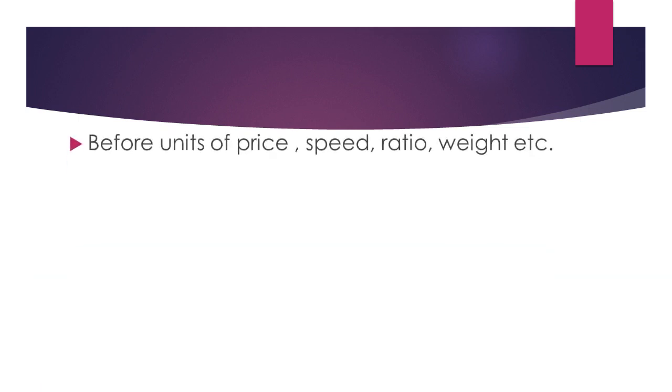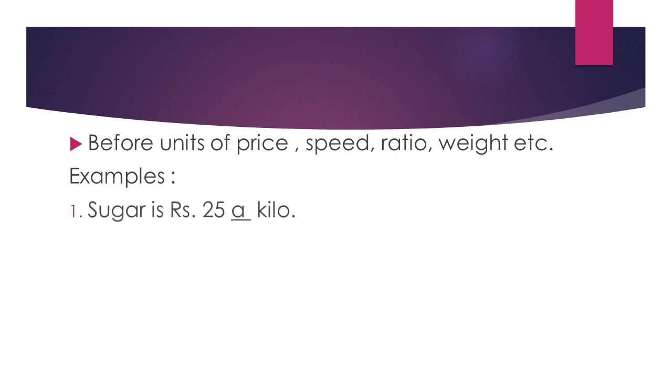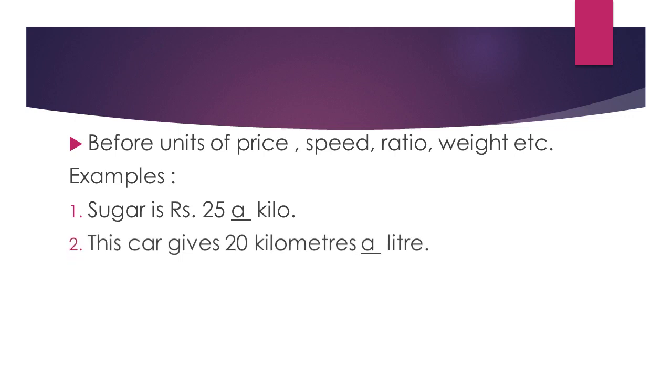Before units of price, speed, ratio, weight, etc. For example, sugar is rupees 25 a kilo. Means cost of 1 kilo sugar is 25. The car gives 20 kilometers a liter.